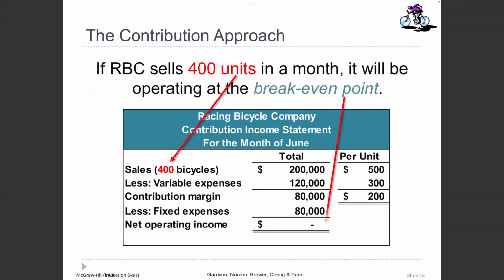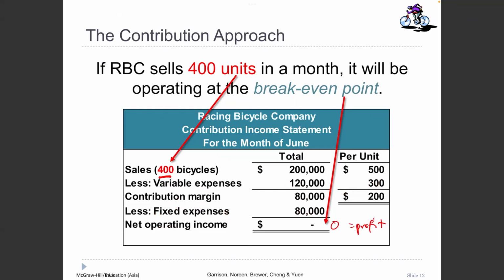If RBC sells 400 units in a month, it will be operating at the break even point. So 400 bicycles times $500, you get total sales of $200,000, minus variable expenses of 400 bicycles times $300, so you get $120,000. So the contribution margin will be 80,000, minus the fixed expense, so you get net operating income of zero, which equals zero profit.